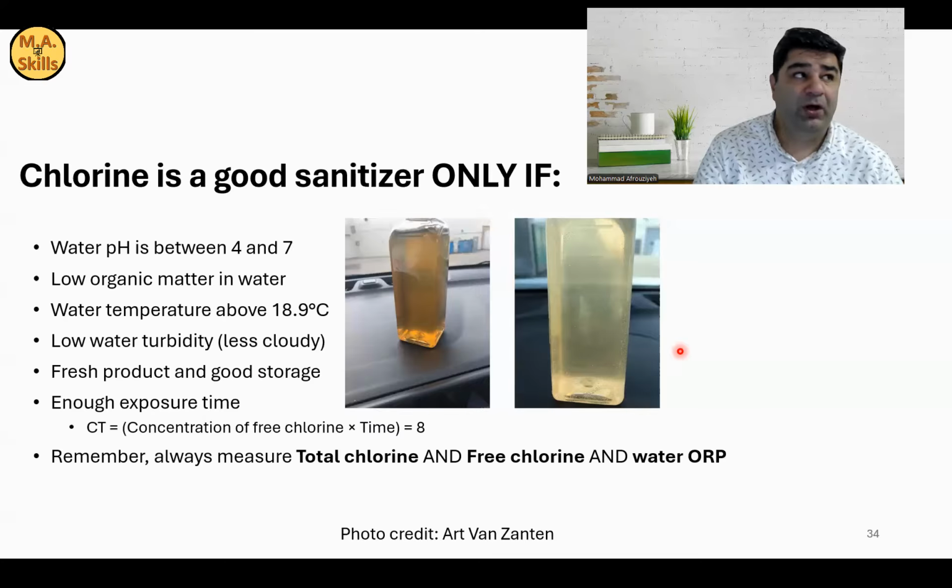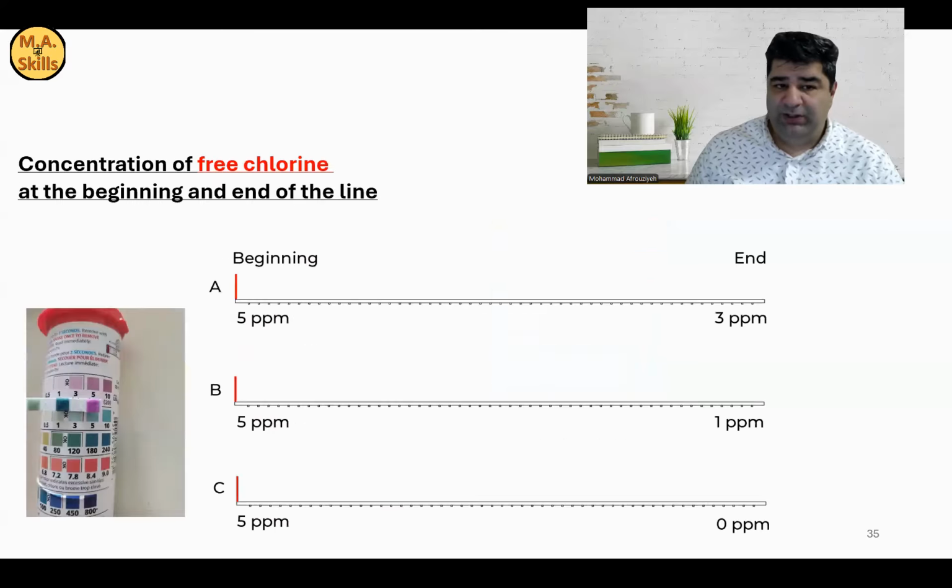Don't store them under sunshine, because otherwise its efficiency will drop significantly. And enough exposure time, we talked about this, which is the multiplication of concentration of free chlorine by time. It should be at least 8. And remember, always measure total chlorine, free chlorine, and ORP, or oxidation reduction potential. And we talked about this previously.